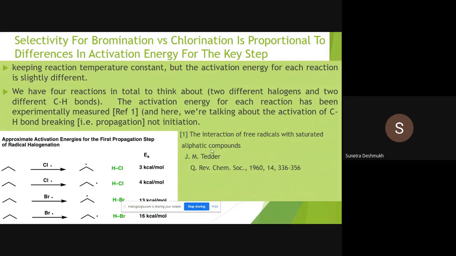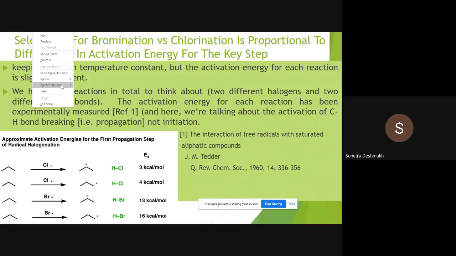And if we check the activation energy of this K step, it makes the idea clear cut why the bromination reaction is more selective than the chlorination reaction. So here is the energy of activation for the first propagation step of radical halogenation.